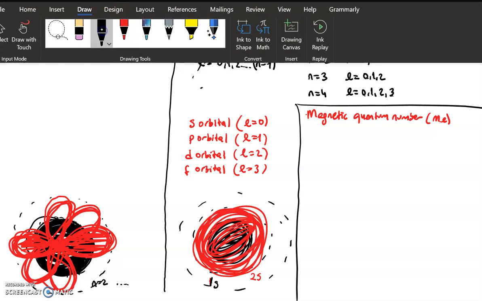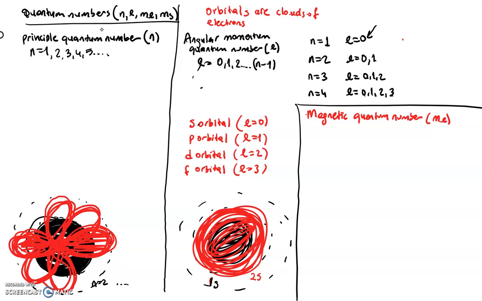Okay, we got the shapes, right? So we know the shapes in here, s orbitals, p orbitals, and d orbitals. If you have L equals 0, which is s orbital, how many different spheres can you get? Well, a sphere is a sphere, right? Whatever the direction is doesn't matter. It's just the same. So for L equals 0, for s orbital, we can have mL only one kind, that's 0. Okay?